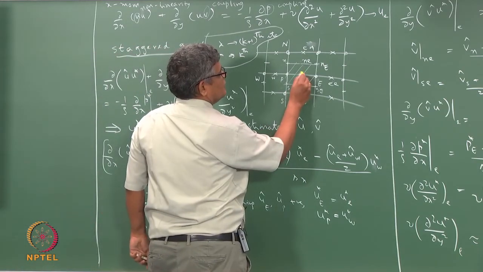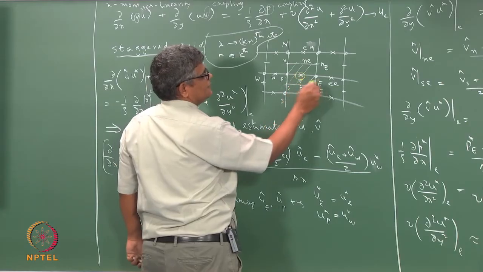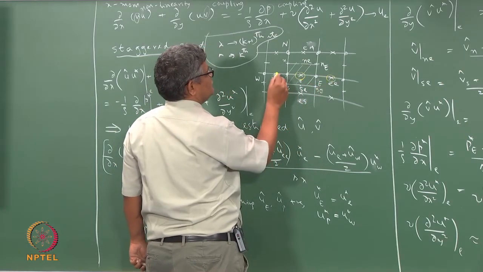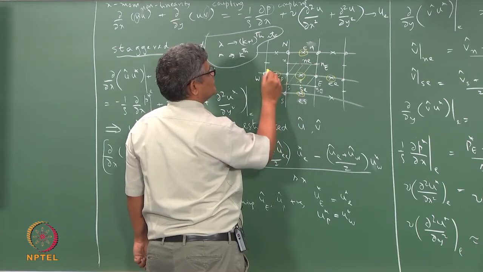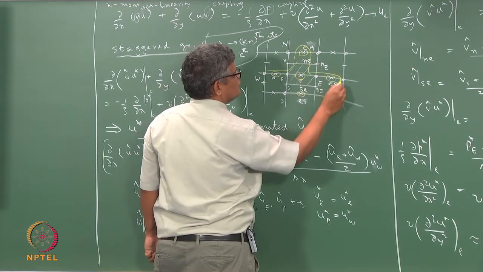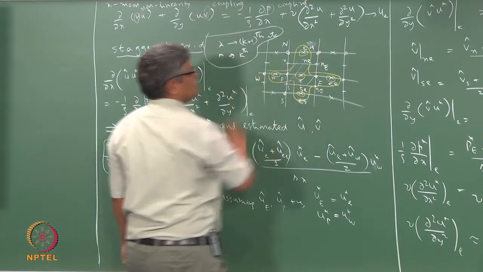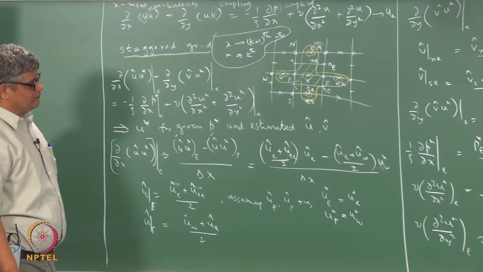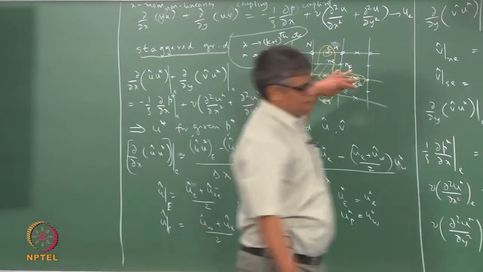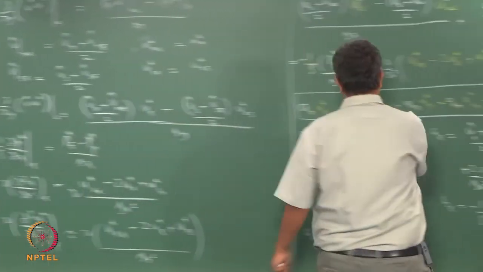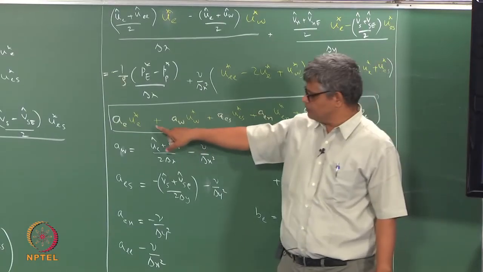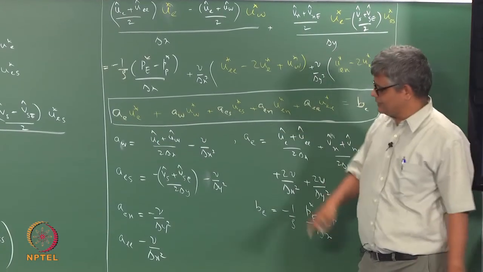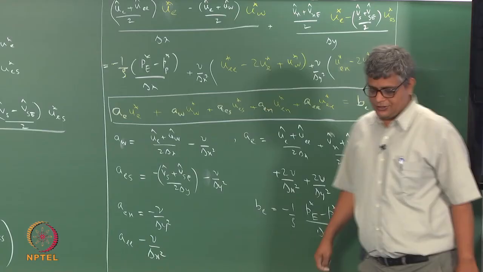So we have u at E, u at west, and u at E north and E south. So this is our computation molecule, and these are the 5 variables.